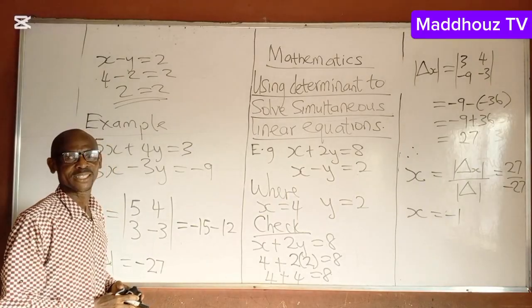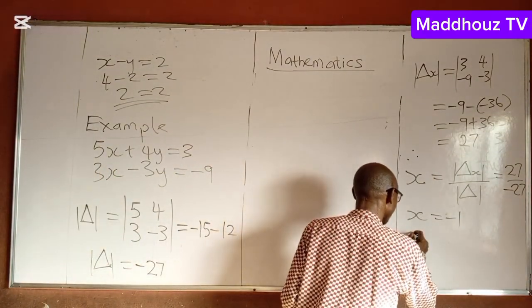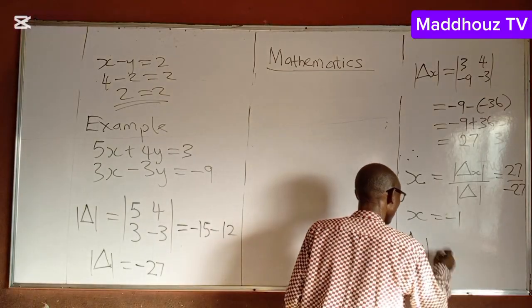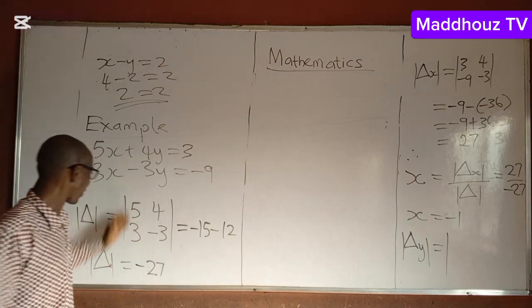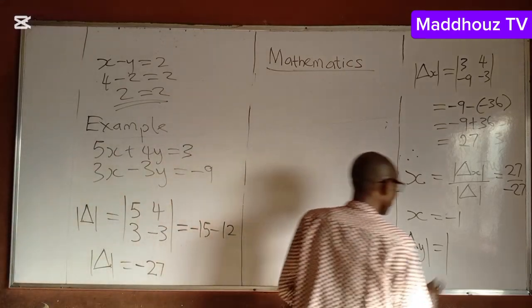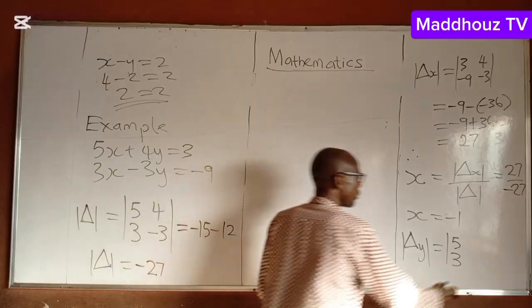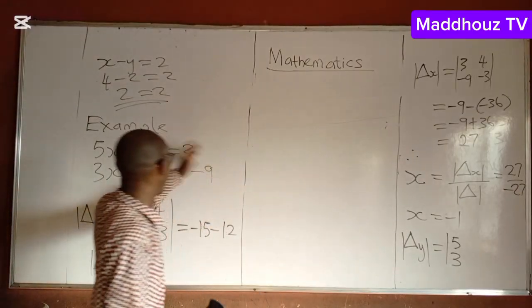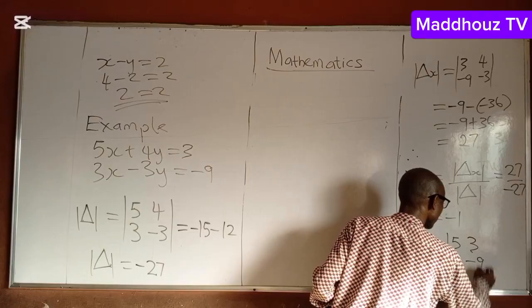Now we are going to look for the determinant of y. How do we look for it? Just what we have done similarly for x. Look at our values here. Our x column is 5 and 3. The column of y we now replace with the constants, which are 3 and minus 9.